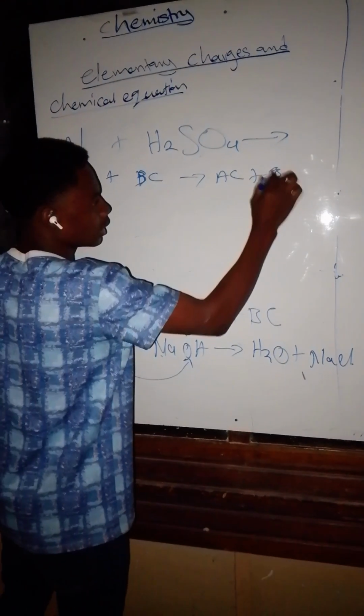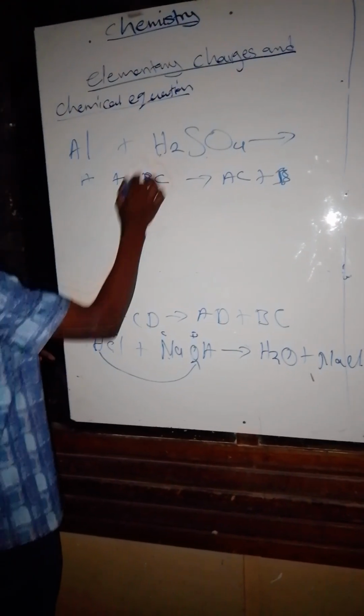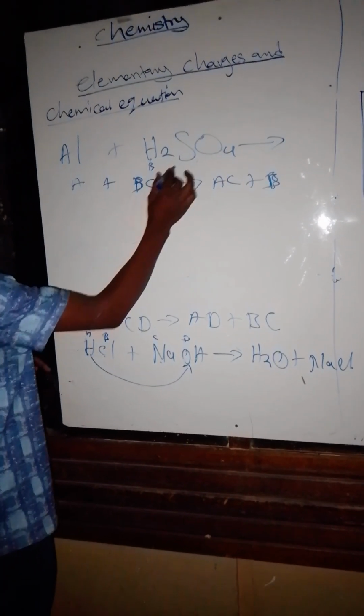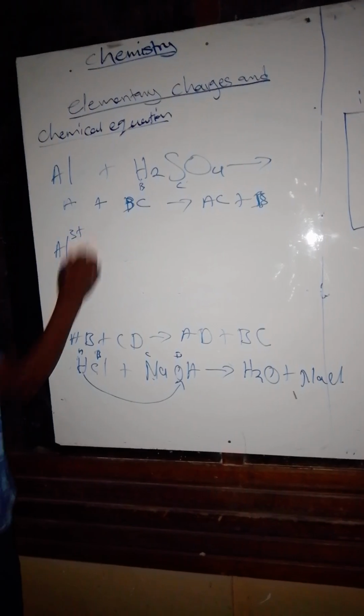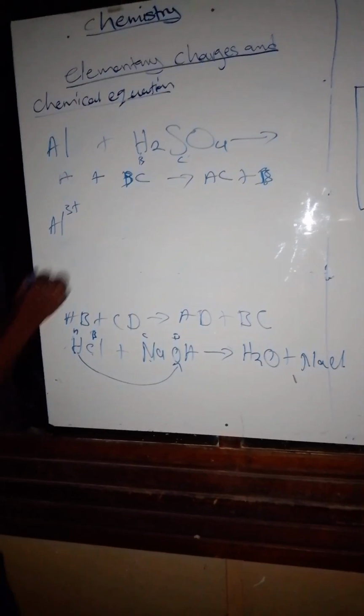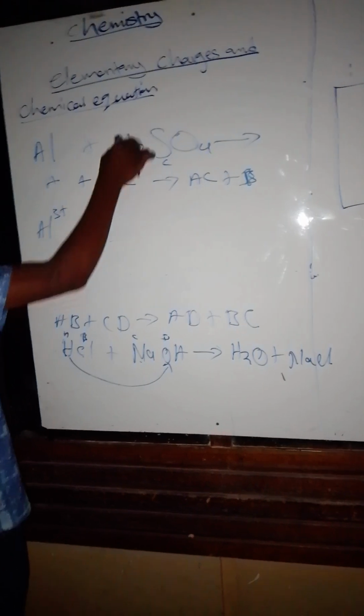When you relate this, you will see that B is the hydrogen there, C is sulfate, and A is aluminium. Aluminium is in group 3, so it is going to have a positive 3 charge. This hydrogen is going to remain alone.